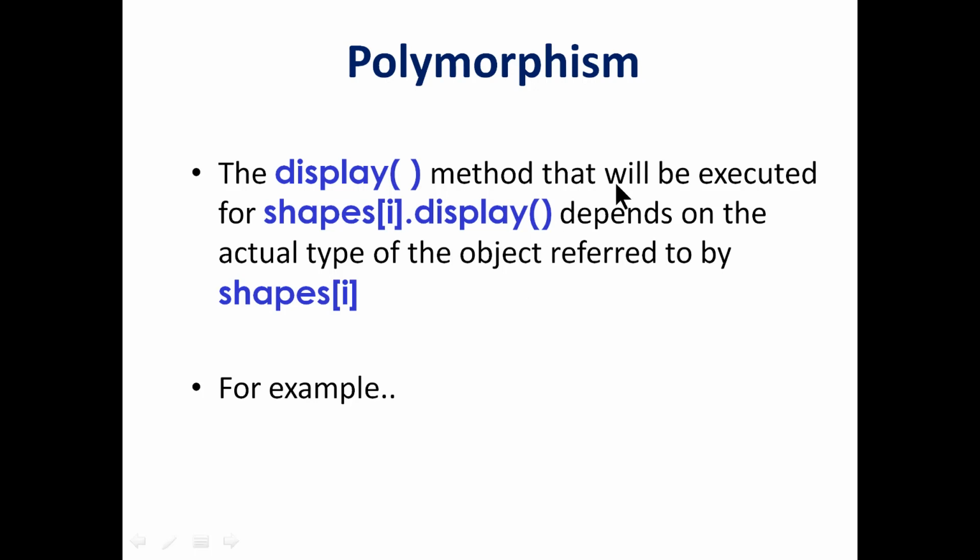So the display method will be executed for shapes of i. i is the index which changes from 0, 1, with 0 representing rectangle, 1 representing a triangle, and so on, calling its respective display method.